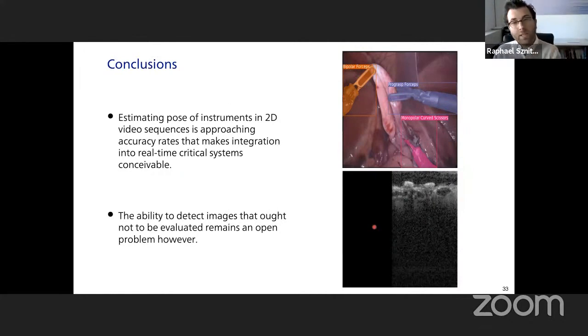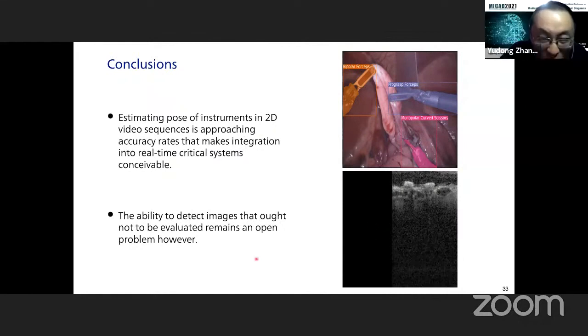So I'm coming towards the end of my talk, and I want to highlight two points here. First, what the last 15 years has told us is that estimating surgical instruments and saying where they are in these video sequences is getting to the point of being close to integrating into practice. But we have this problem of dealing with those tiny outliers. And when we looked at what those are, we opened a whole can of worms, which is dealing with this out of distribution detection problem in generic ways.